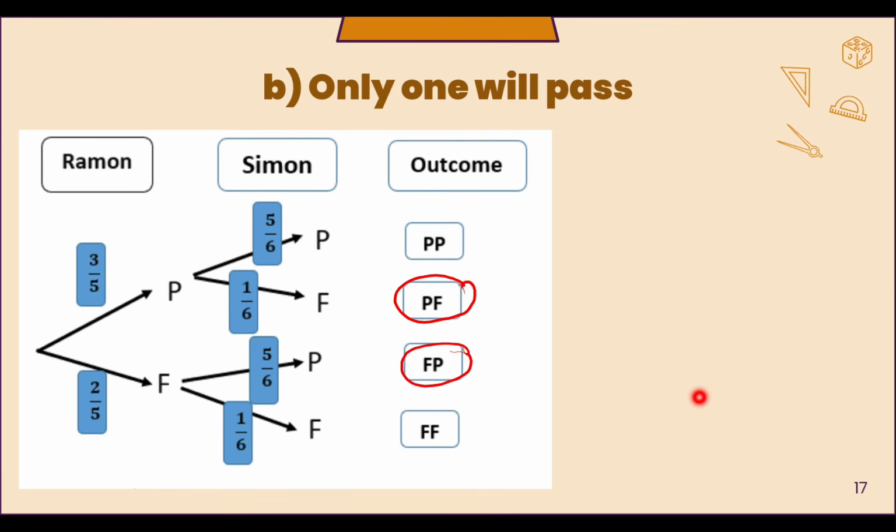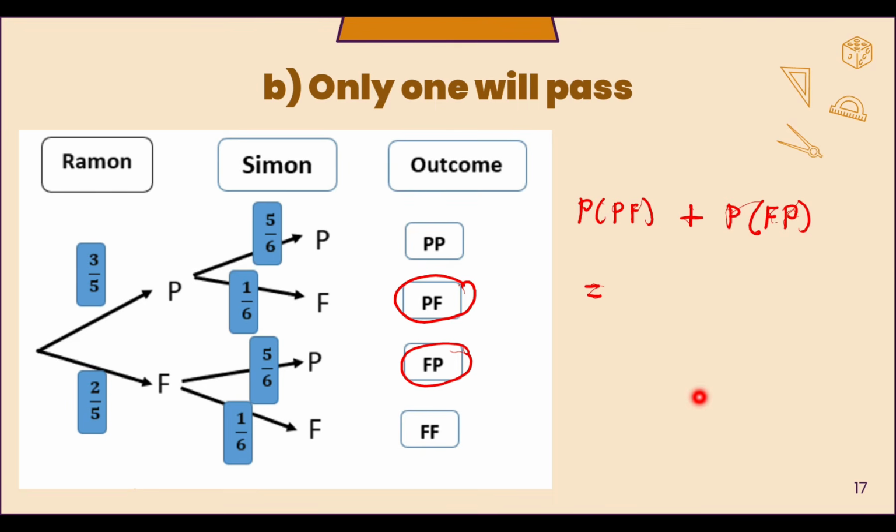So we can then say that the probability that Ramon passes and Simon fails, we add the probability also that Ramon fails and Simon passes. Okay? So applying the multiplication rule for the probability of PF, these are independent events.